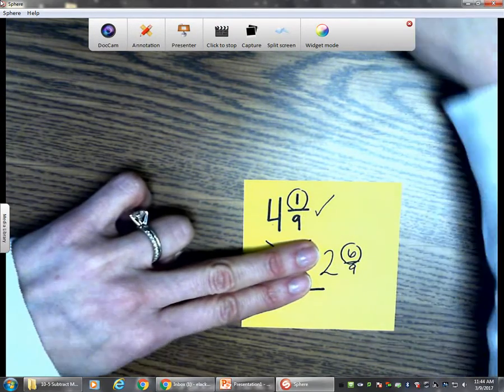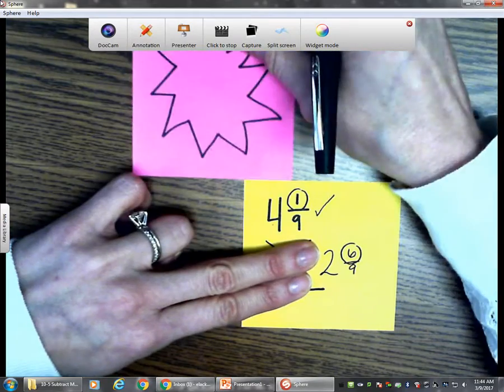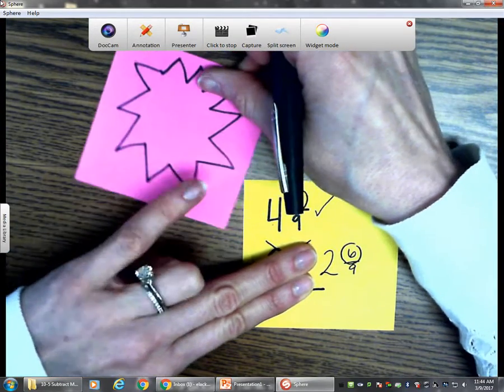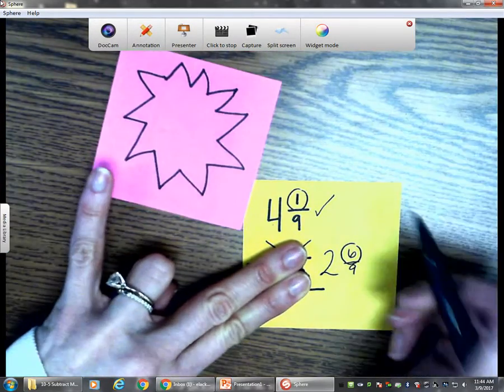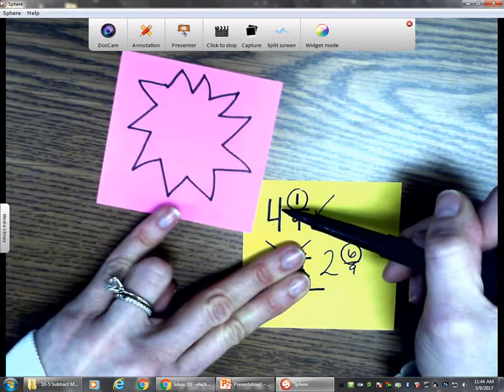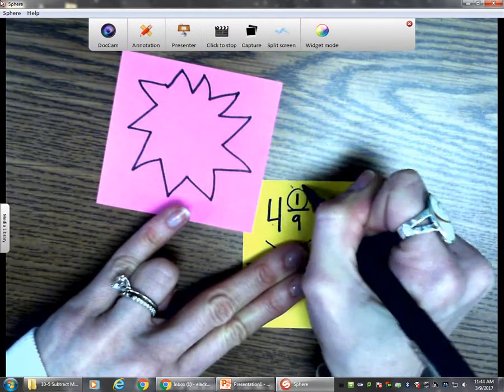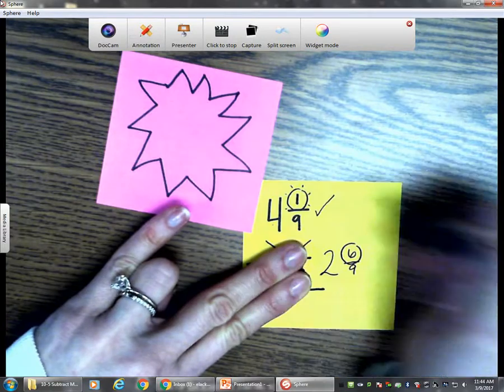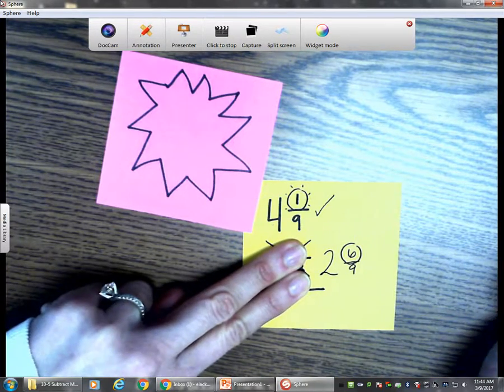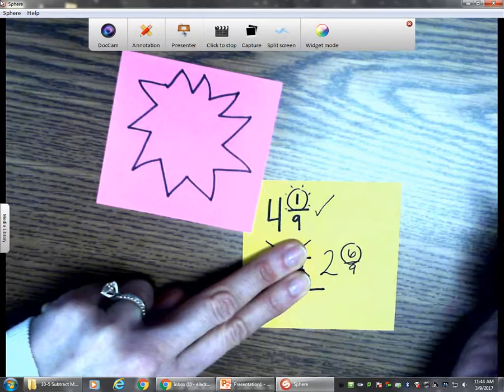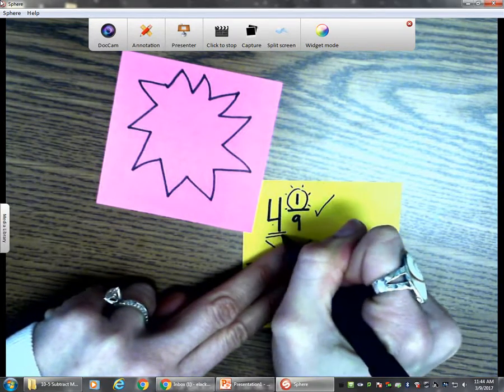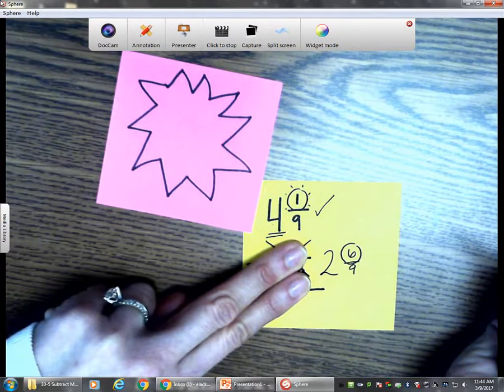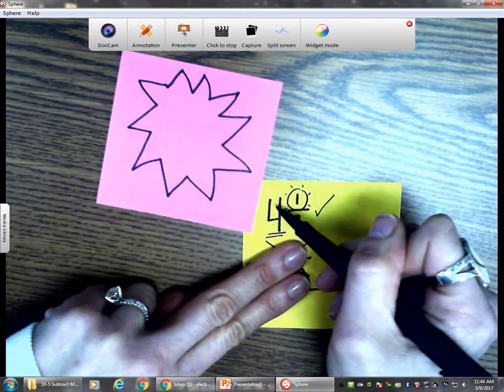So this is where the magic trick comes in. You do have more up here. You don't have enough in the numerator, but think about where do you have some that you could use? In the whole number. What if I take 1 away from this whole 4?